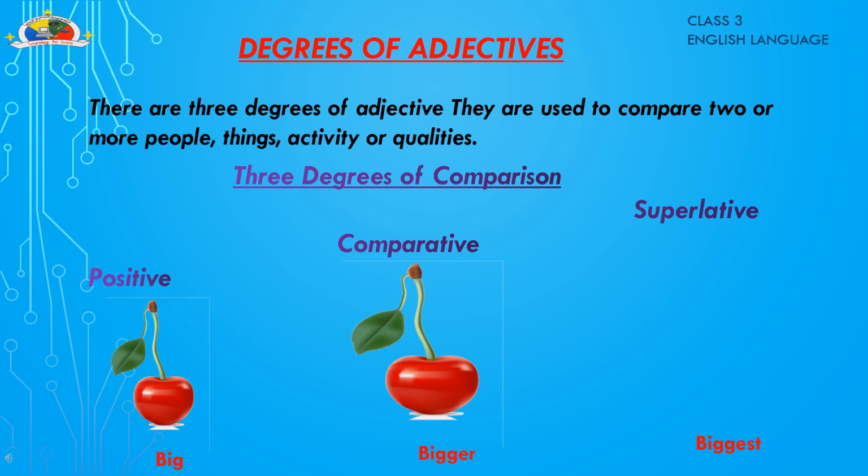As here we are making comparison between the two cherries, it's a comparative degree. When we say this is the biggest cherry of all, we are comparing the size of this cherry with all the cherries, so we say that the third cherry is biggest of all. As here we are making comparison among more than two cherries, it's a superlative degree.